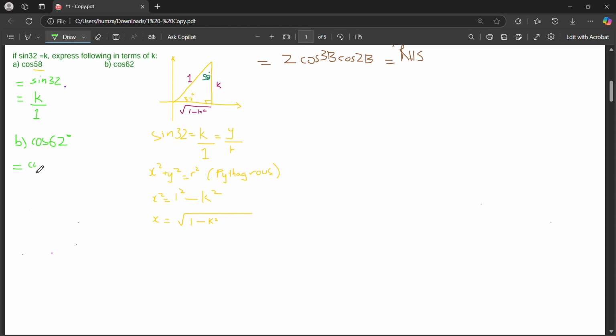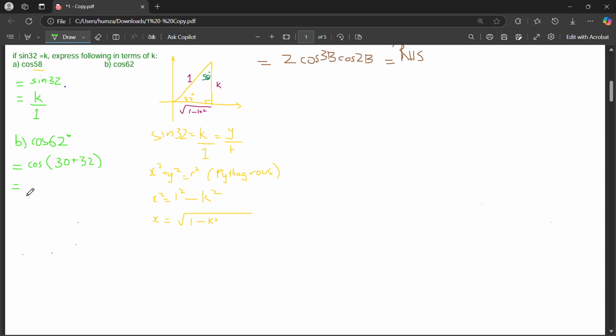So we can say cos of 30 plus 32 is equal to your cos 62. Now we can expand this by looking at the compound angle formula, which is also given in the formula sheet, which is cos of alpha plus beta, which is equal to cos alpha cos beta minus sin alpha sin beta.